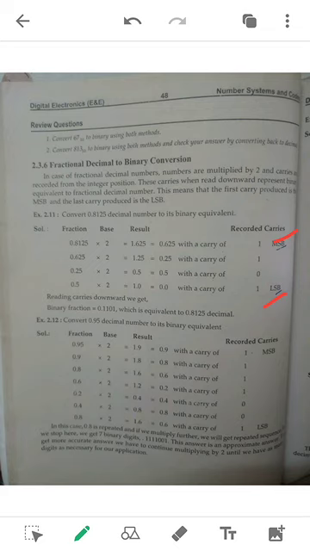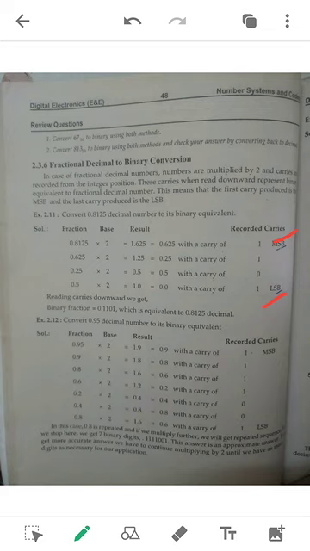Let us see one more example. Convert the decimal number 0.95 to its binary equivalent. Again the same process: multiplication by 2, and the integer you take as a carry. The first multiplication gives the MSB and the last multiplication gives the LSB.